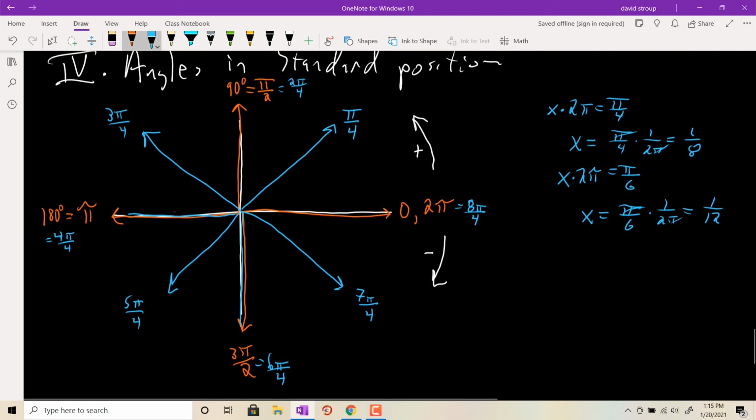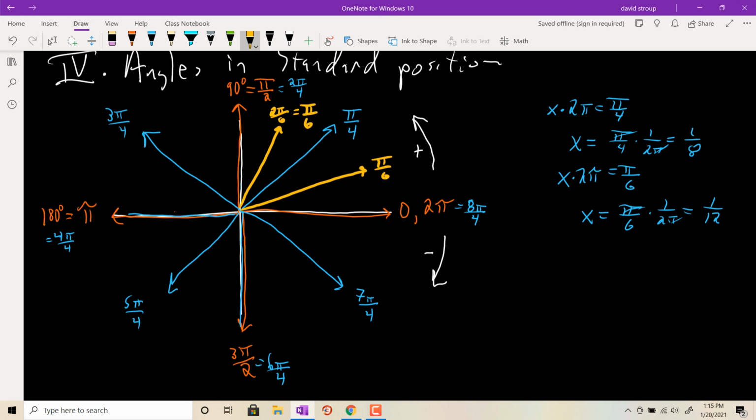So let's do the pi over 6's. Let's count those out. Let's put those in yellow, I guess. Okay, so here is 1 pi over 6. Here is 2 pi over 6, which is also, guess what? Pi over 3.